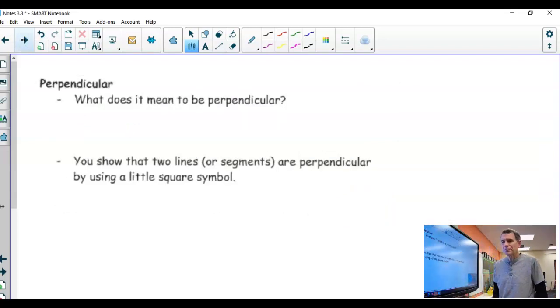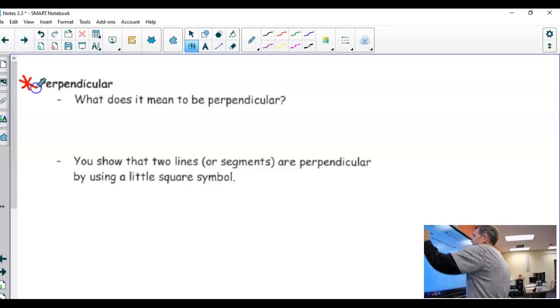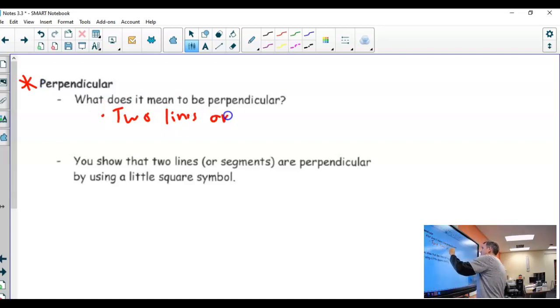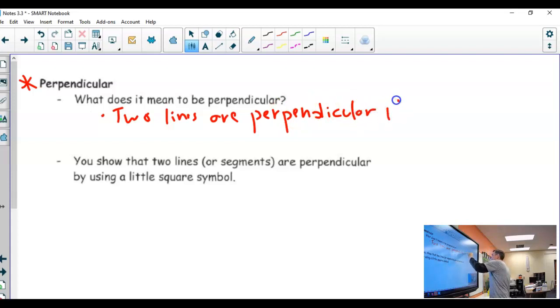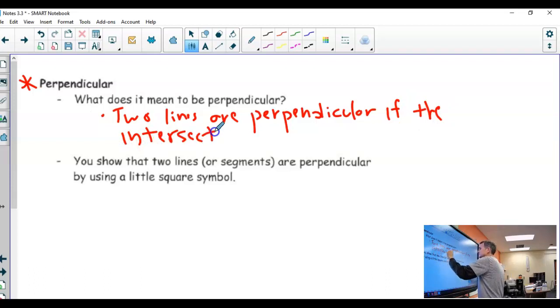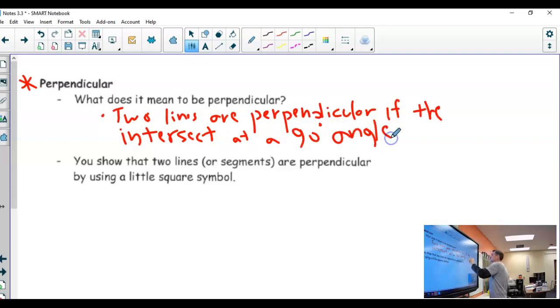We also need to know what the word perpendicular means. Perpendicular, what does it mean? Well, it means, let's see, two lines are perpendicular if they intersect at a 90-degree angle.